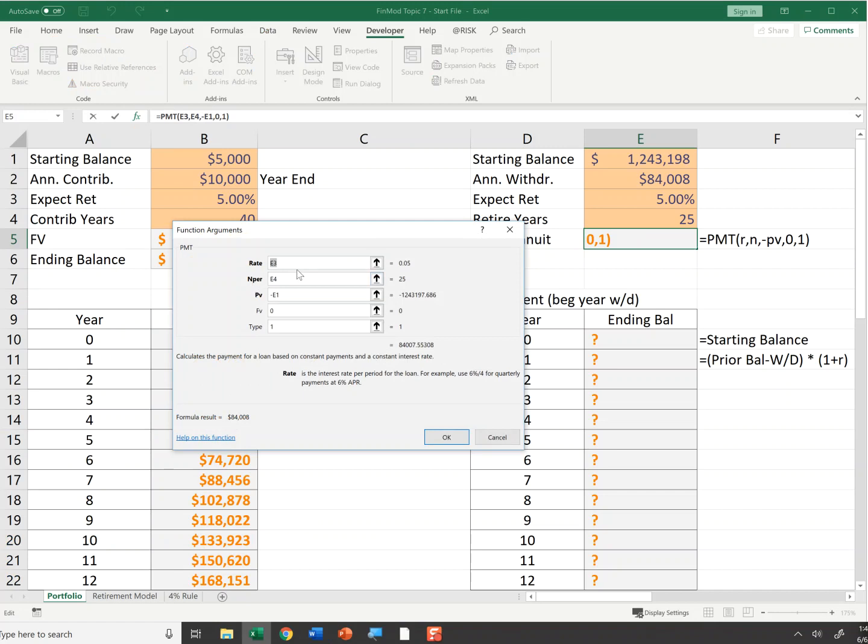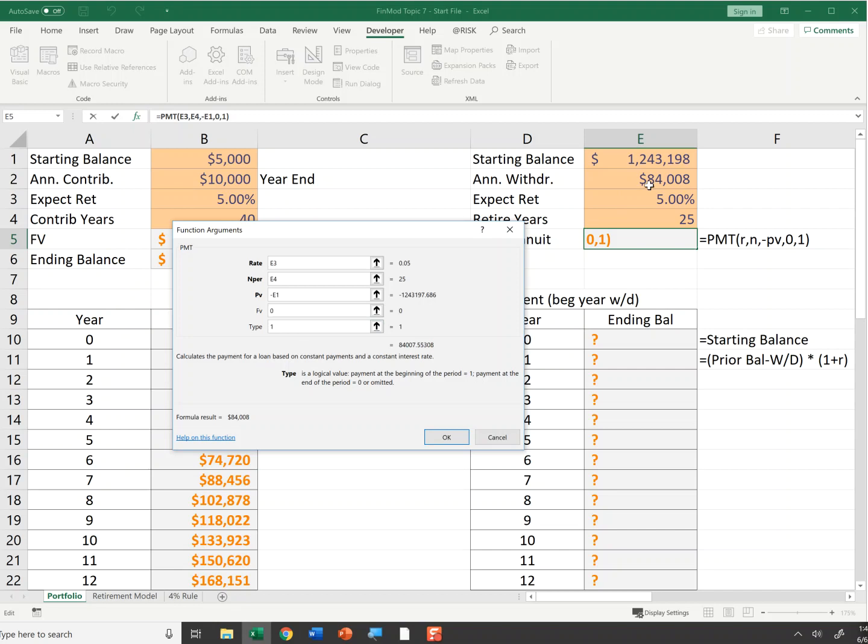That payment function says if you earn 5% for 25 years and put $1.2 million, that's from the prior question, in an account, and at the end of the 25 years you have nothing left, and that first payment starts today, which is a value of 1 for beginning of year payments. If you leave it blank or put a 0, it's end of year payments.